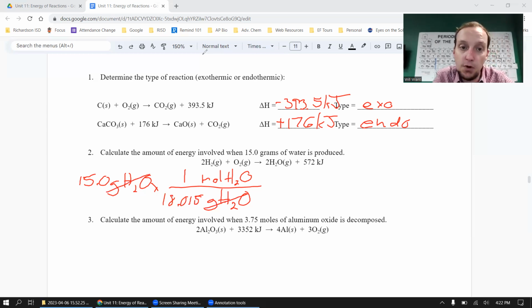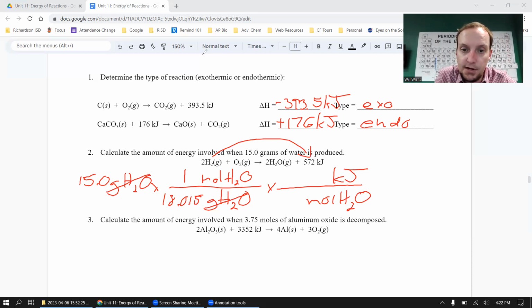So now I'm into moles of water, but they want energy. So I need to go one more step. I'm going to move moles of water down here. Now that I'm in moles of water, I could go directly into kilojoules. I'm sorry, I drew that line incorrectly. I apologize. So I'm going from here to here.